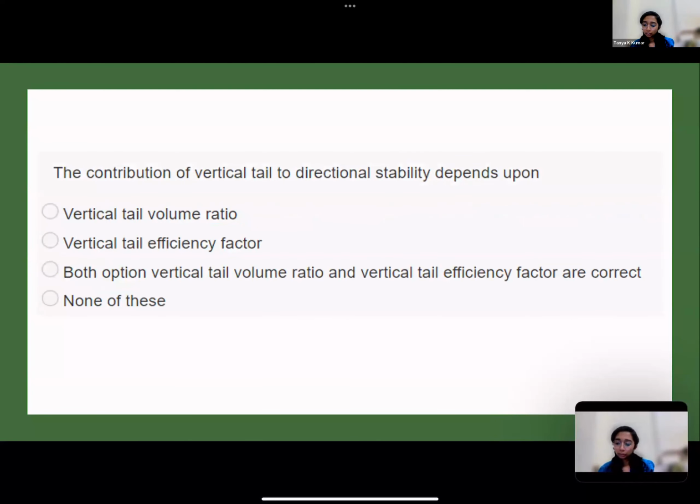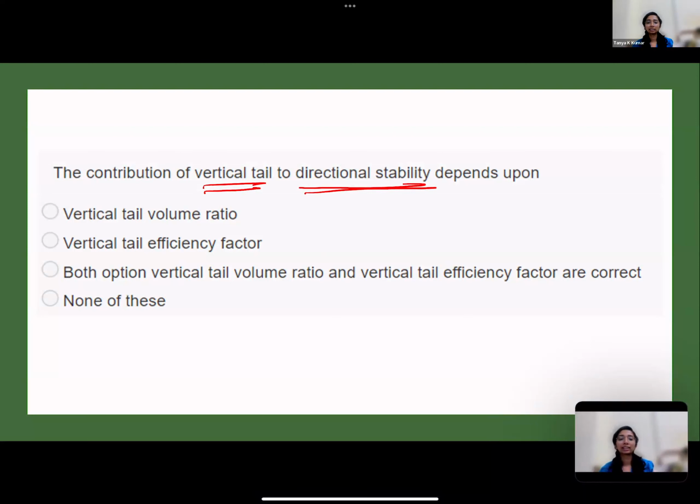The contribution of vertical tail to directional stability depends upon vertical tail volume ratio, vertical tail efficiency factor, both of these, or none of these. Vertical tail contributes towards directional stability. It is not a control surface. The entire vertical tail structure affects directional stability.